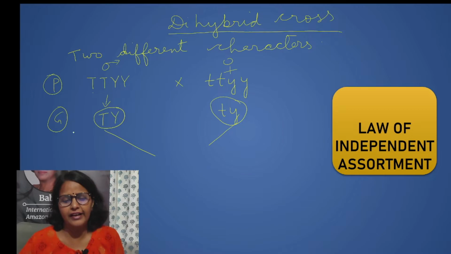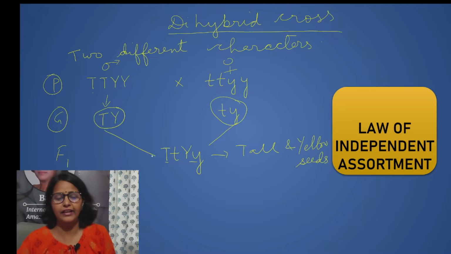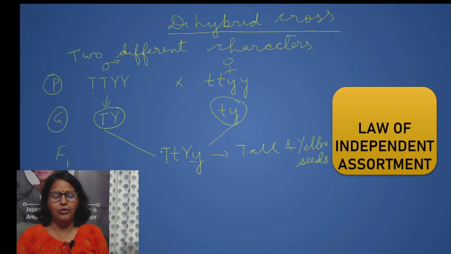When we get F1 generation, all of the plants will be of same type because same type of gamete is formed, capital T, small t, capital Y, small y. If we have capital T, small t, capital will be expressed, so all the plants will be tall and all the plants will have yellow seeds. Tall plant with yellow seeds. This is what we get in the F1 generation. Only the dominant character is being expressed.